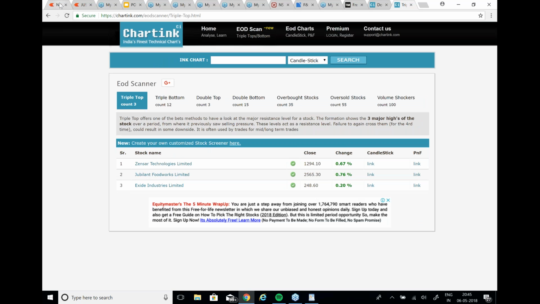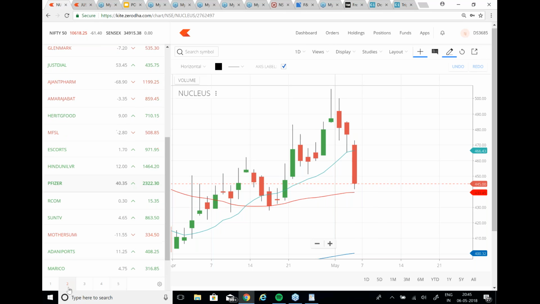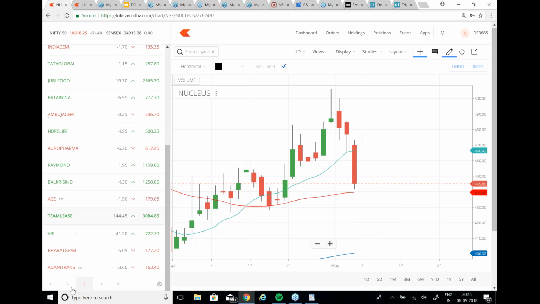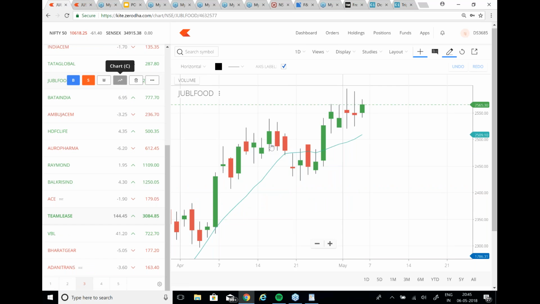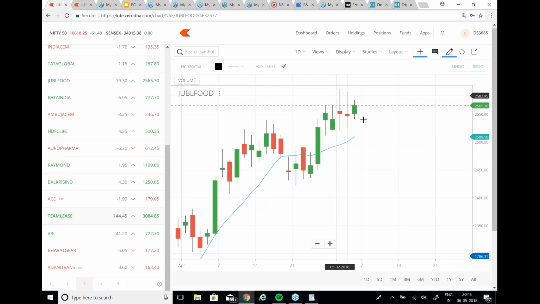Now I want to show you both these stocks. What's happening in Jubilant Food? Here is Jubilant Food. Now see here. Jubilant Food has reached a place where it is experiencing resistance, right? So it is basically a double top. How is it a double top? Let's look into it.